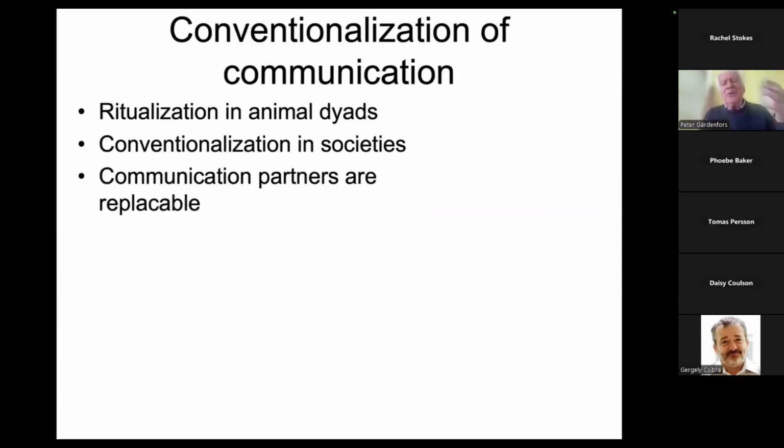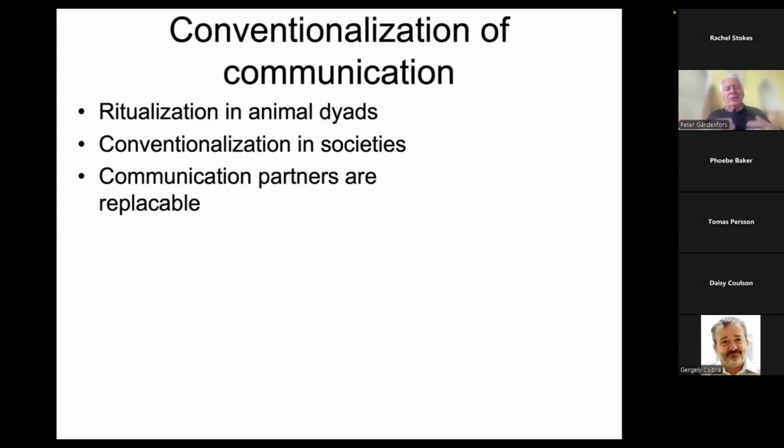We presume that, I mean, the difference between a convention and a ritual is that in a convention you assume that everybody uses the same sign, and that means that your communication partners are replaceable. In an animal dyad, the chimp infant can't go to another adult chimp and ask to be put up on the back, because the other adult will not understand the sign.